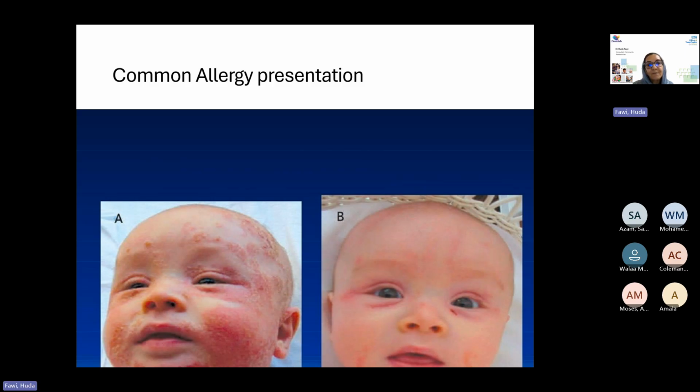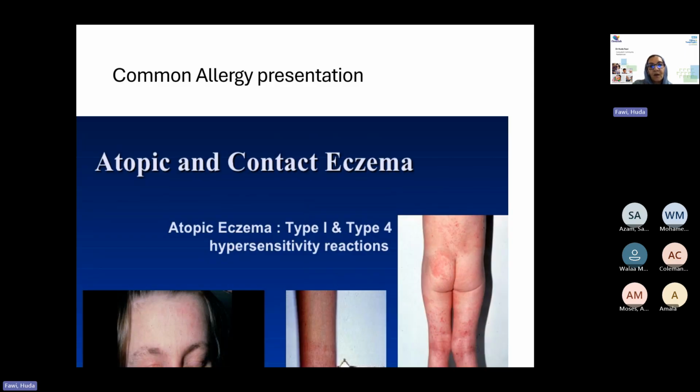So eczema in babies, a distressed child with inflamed skin, weepy, possibly infected eczema. So eczema can present, as you know, in small children or older children and in adults. So eczema can be type 1 or type 4 hypersensitivity reaction.